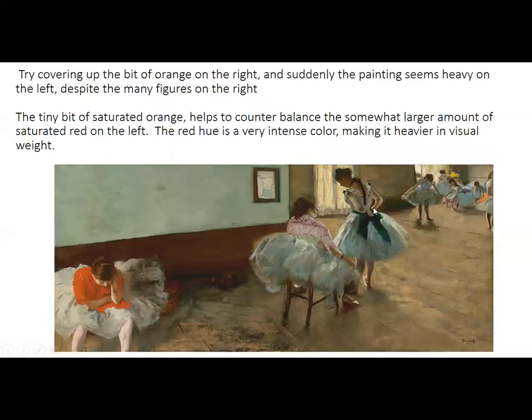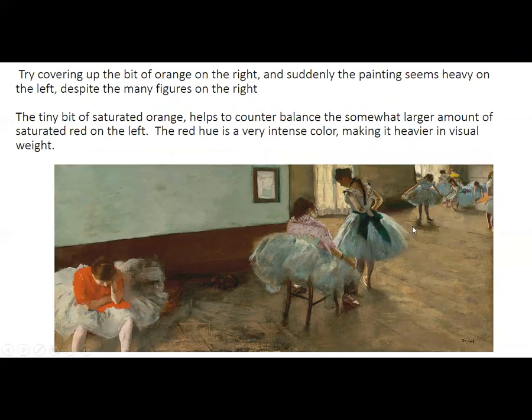So now what I want you to do is put your hand over this orange. And if you cover up that orange on the right, suddenly, even though it's just a small thing, the painting feels heavy on the left. This might take you a while to get used to seeing.